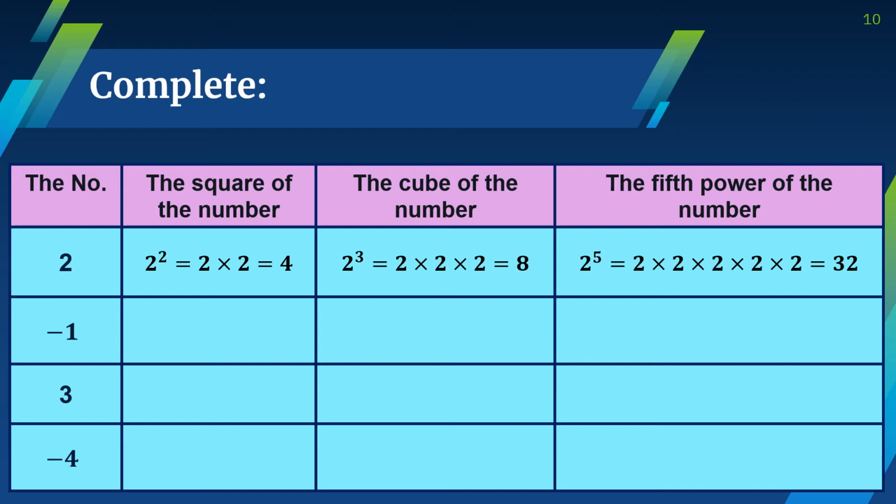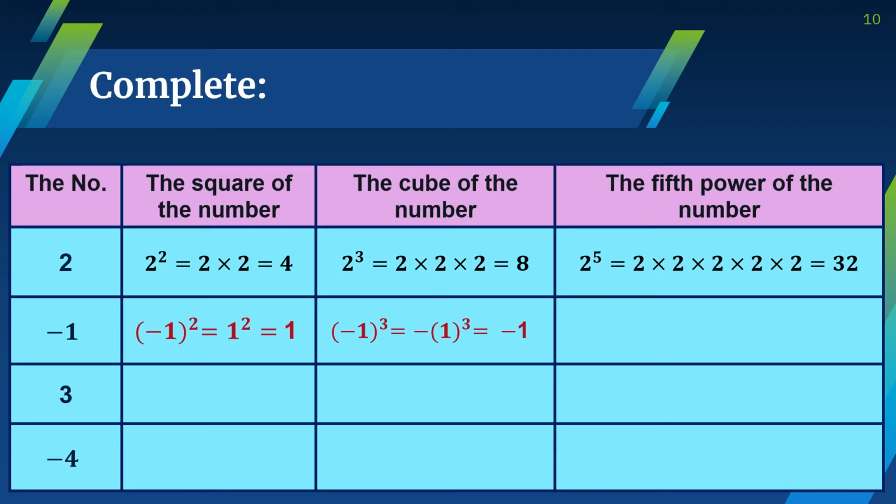Now complete the table. Here we have negative 1 and the square of the number. That means negative 1 power 2 equals 1 power 2 equals 1. In the second one, we have the cube of the number.